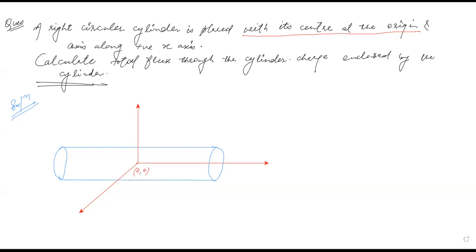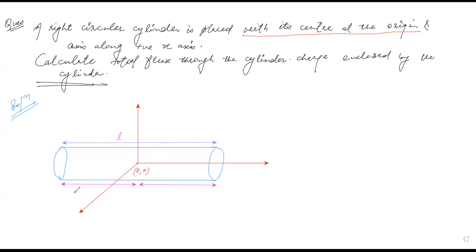This is the length of the cylinder. If this is the length, then half the length of the cylinder will be L by 2 and the other half will also be L by 2. Are you clear?